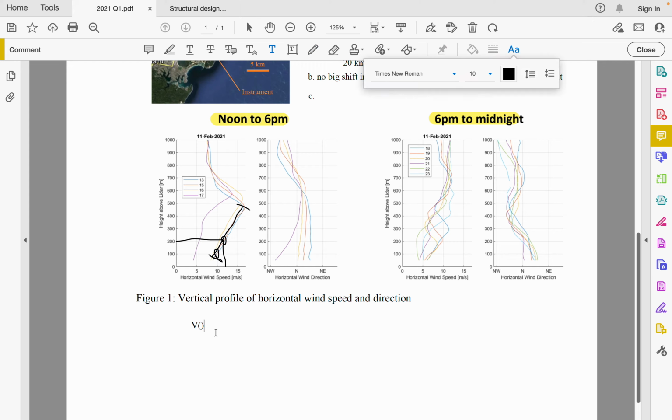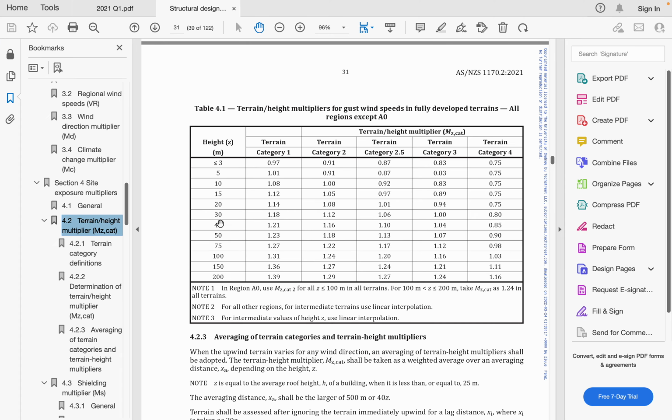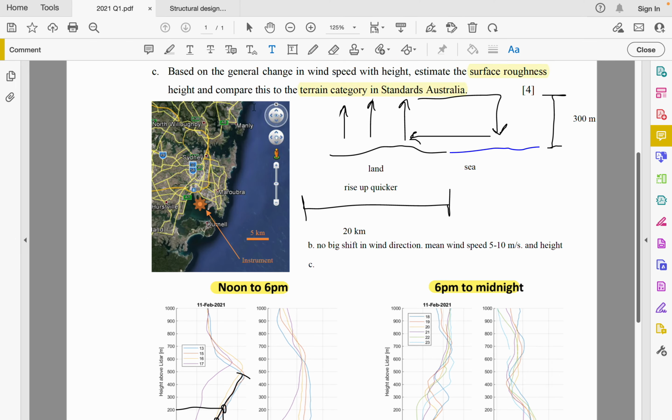So we can get the slope: 12 over 10, divided by 200 minus 100, which is equal to 0.02. And if we compare with this graph, we can see it doesn't align with the graph.